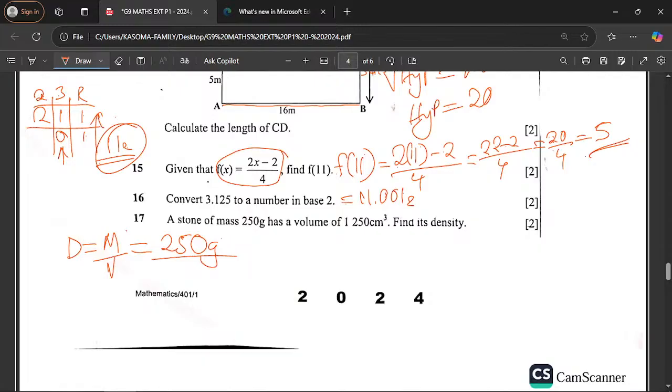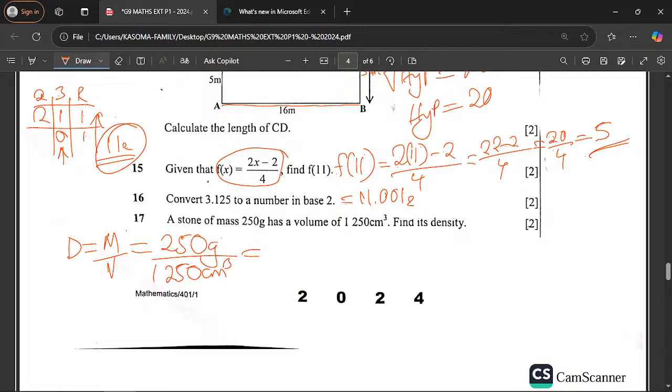Yes, we're given volume, that is 1250 centimeter cubed. So how do we find the density? We divide.